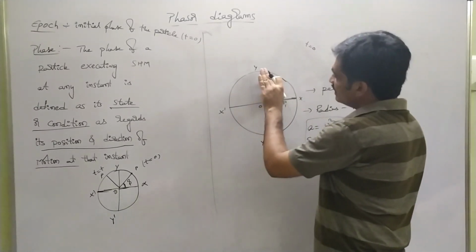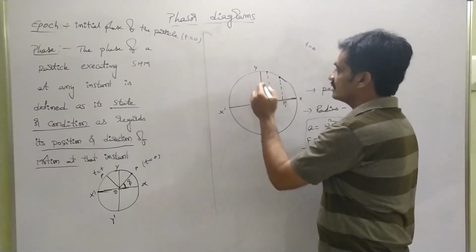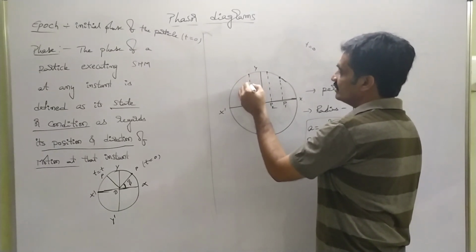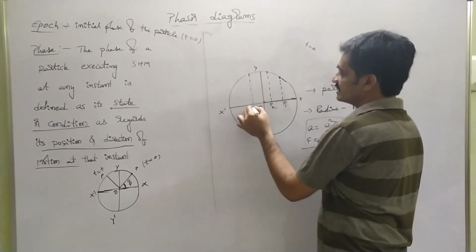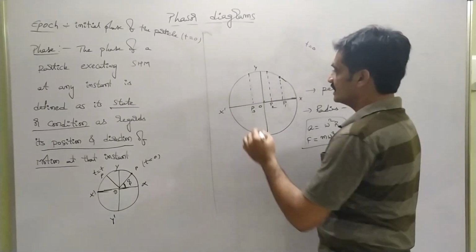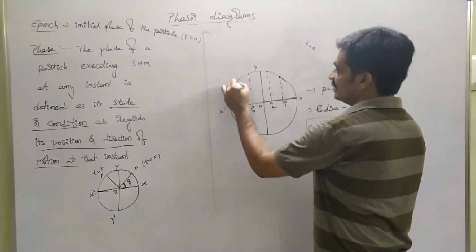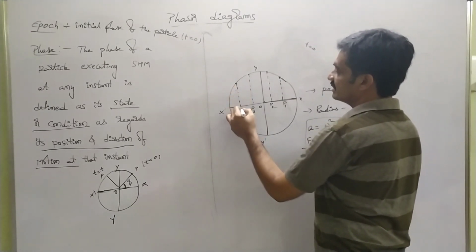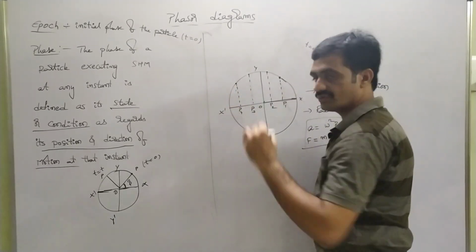Next, as it still moves in the forward direction in uniform circular motion, when the particle reaches this position and we draw a projection, it is represented as P3. Next, let us consider the particle has reached this position and we represent the coinciding point as P4.